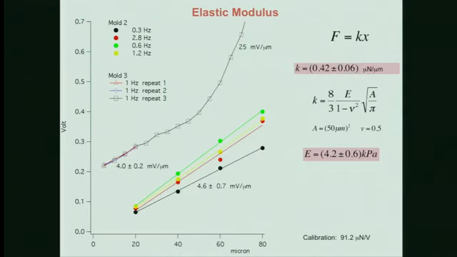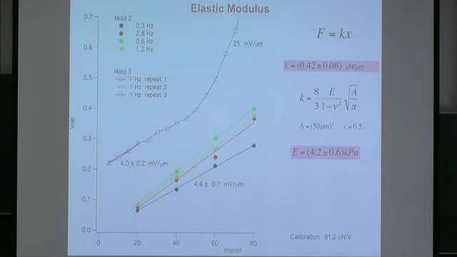To get numbers out, here you can see the repeatability. This is one slime mold, and we repeated it at 1 Hertz 3 times. In the low regime, it's nicely repeatable. What I plotted here is the maximum of the sinusoidal punches. If you change frequency on the order of 10-20%, you get the same slope.